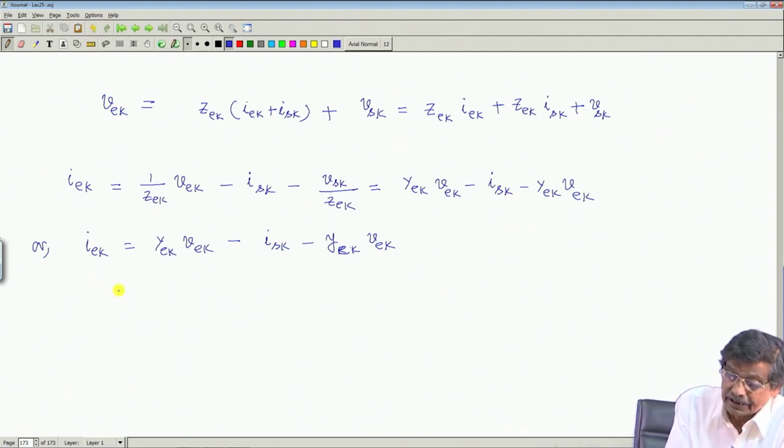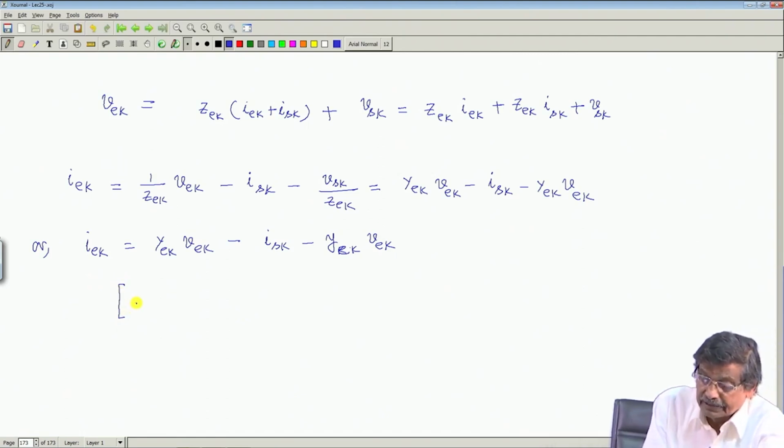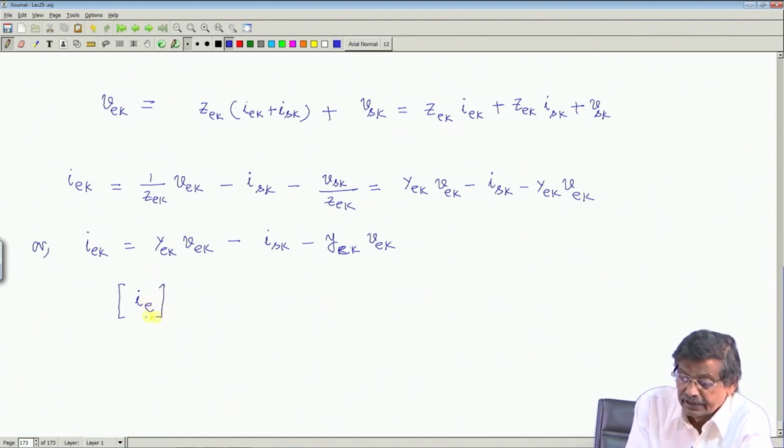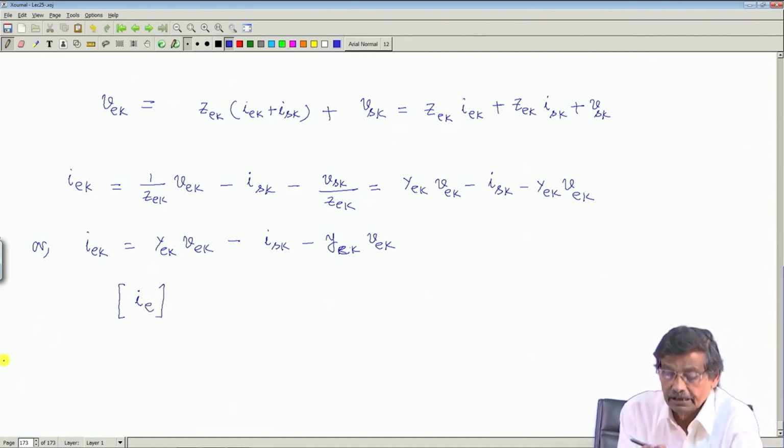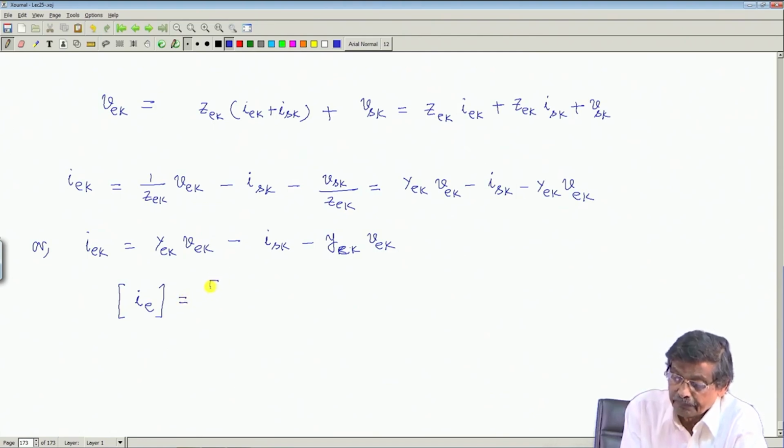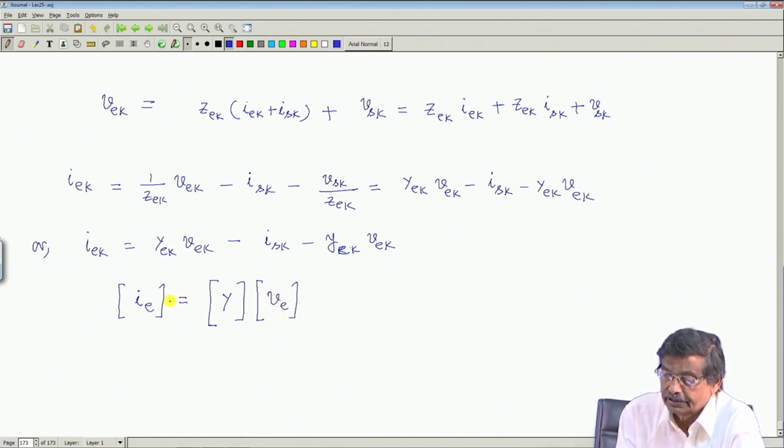In the same way, it can be written in matrix form as a column vector comprising all the element currents equal to a diagonal Y into a column vector comprising element voltages, minus a column vector of source currents of all the elements, minus Y, another admittance matrix, into V. What is Y?